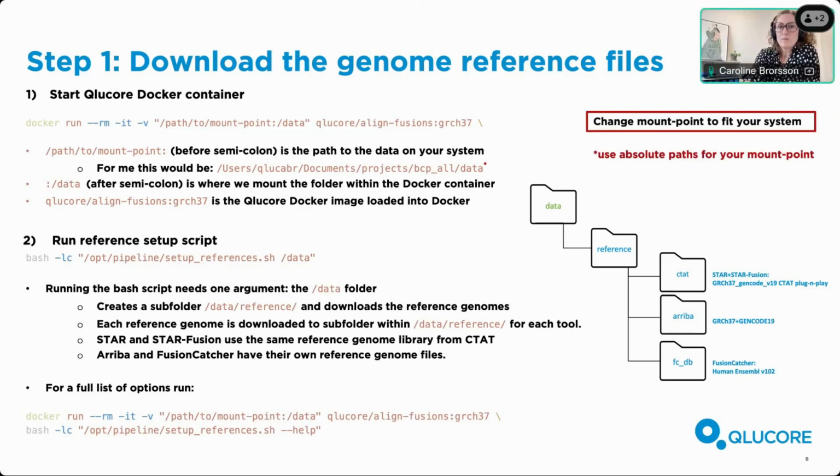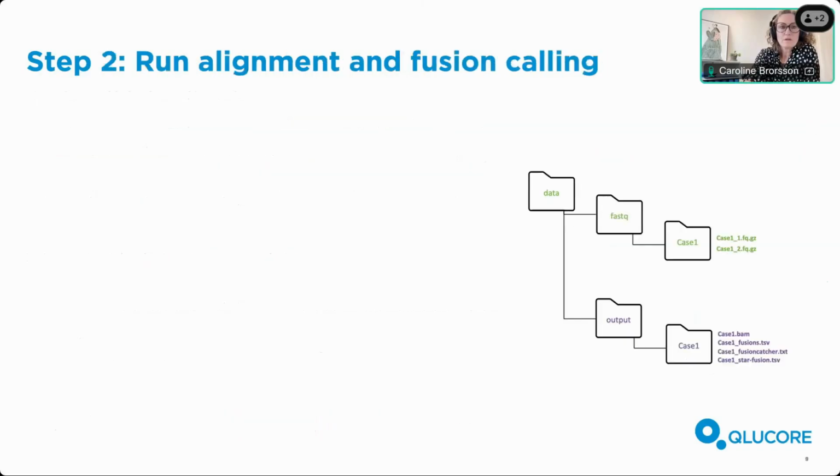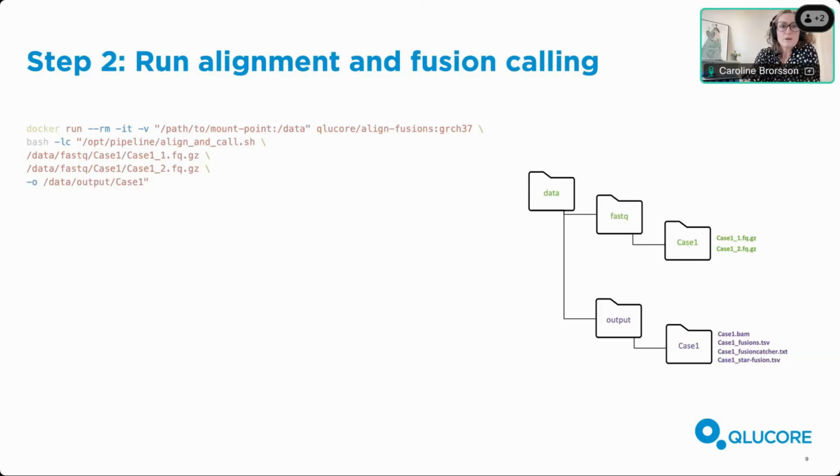And you should also use absolute path for your mount point, as I showed in my example for where my files are located. And then you're ready when all the reference files are installed and downloaded. You're ready to run the alignment and fusion calling with these lines.